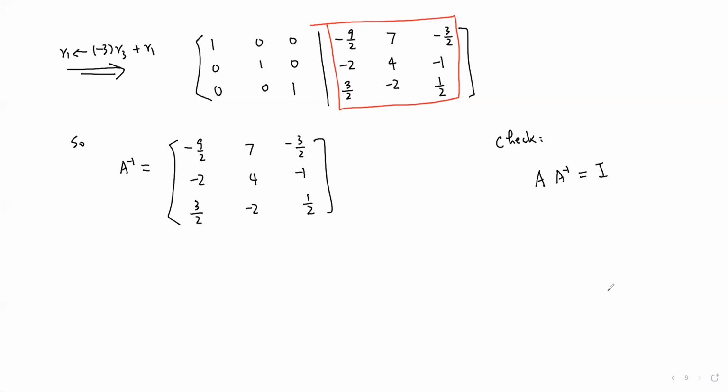Now, example 2. Let A be 1, -1, -1, 1, a 2 by 2 matrix. Find A inverse.